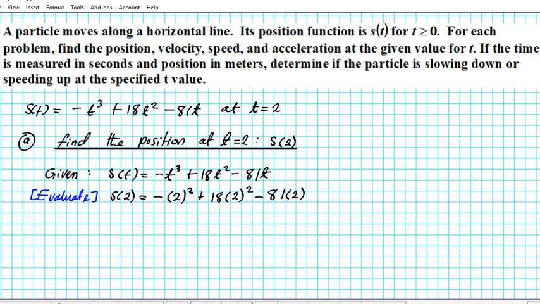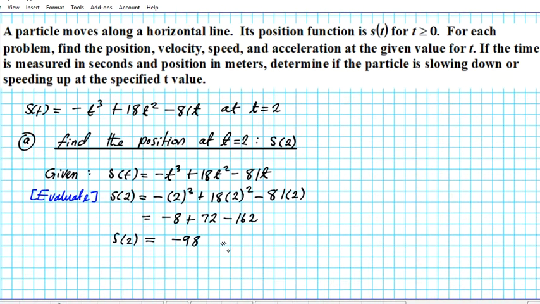Alright? Okay, now we'll just use order of operations to simplify this completely. Negative 2 to the third is going to be negative 8 plus 18 times 4 is 72 minus 162. And then when we simplify it, s of 2 is negative 98.